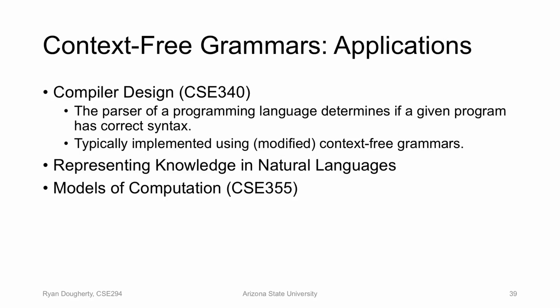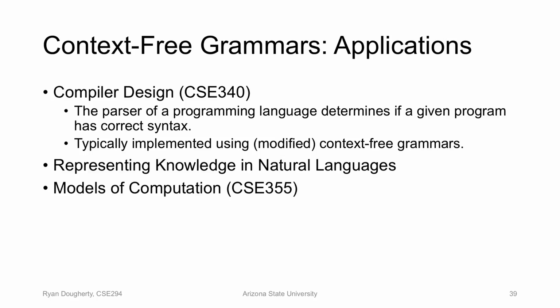They're used in what are called models of computation, so being able to reason about what kinds of things computers can do. Context-free grammars are above what are called the regular languages. So there's a level of context-free languages, and then above that, the decidable languages.